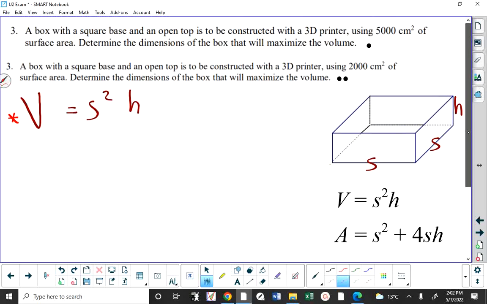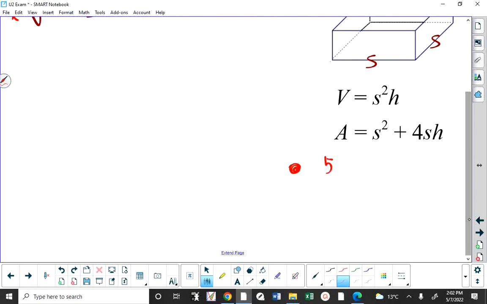If you are doing version 1, this question on version 1 for the exam, your equation of constraint is that 5,000 equals s squared plus 4sh. If you're doing version 2, if you have a version 2 exam and you did this particular question, which was the first option for number 3, your equation of constraint is 2,000 equals s squared plus 4sh.